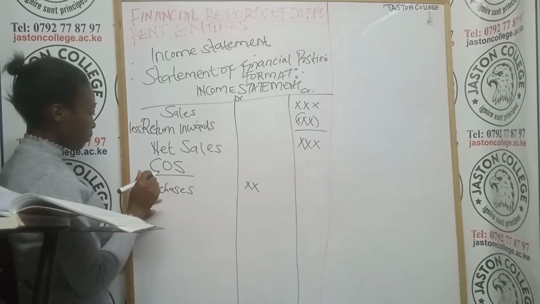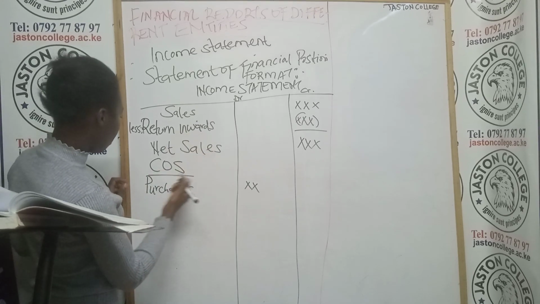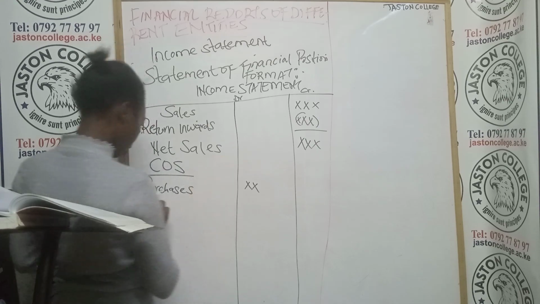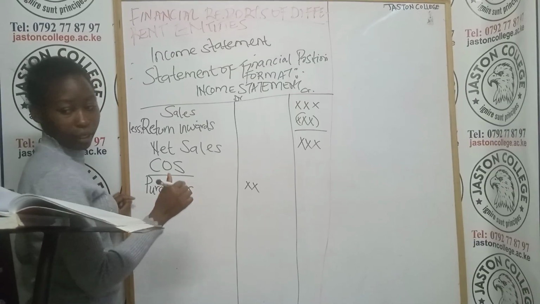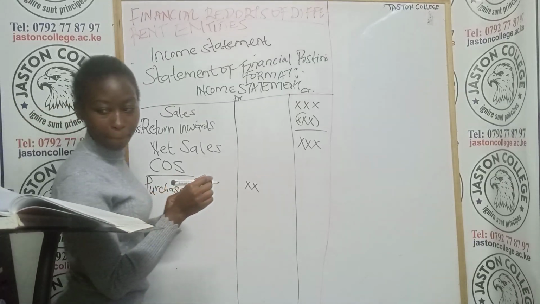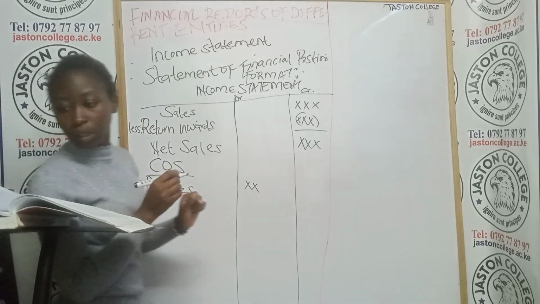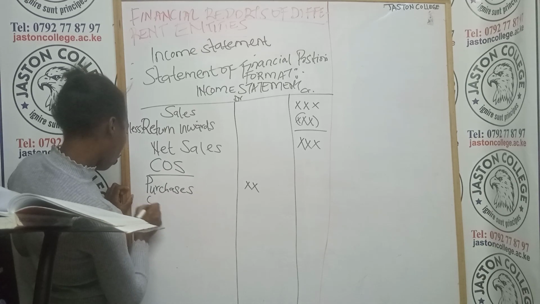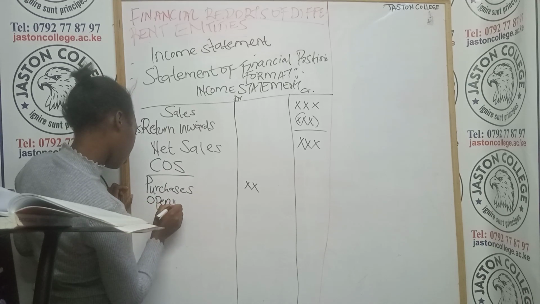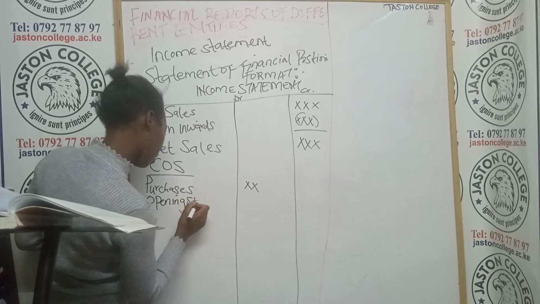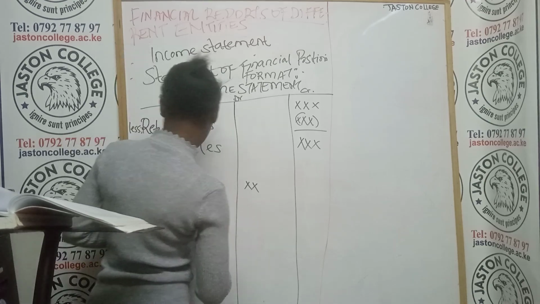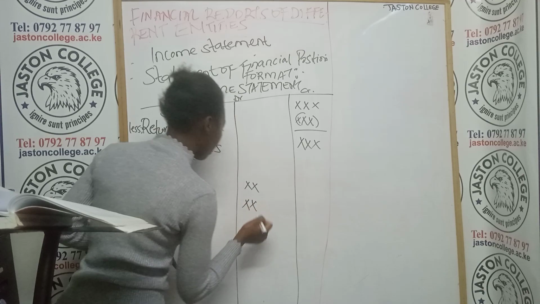Then we get our returns on purchases. When we add, then we add our opening stock, the stock we started with in our business.